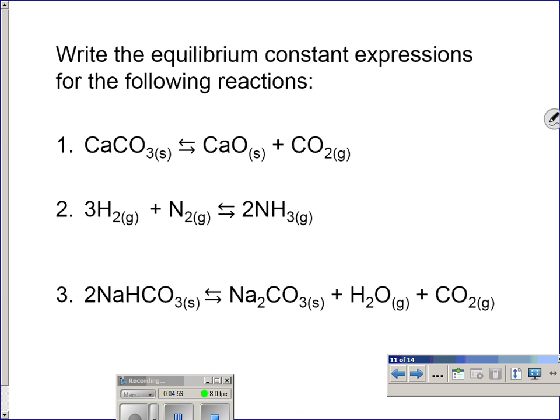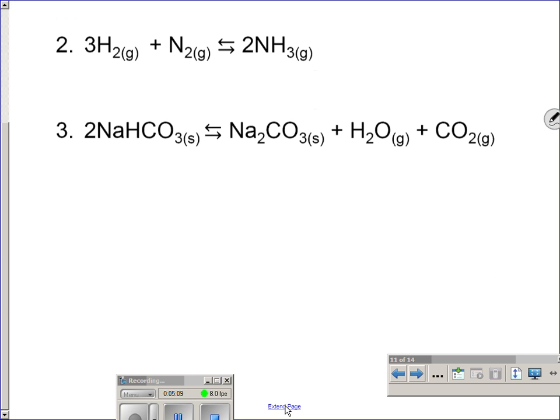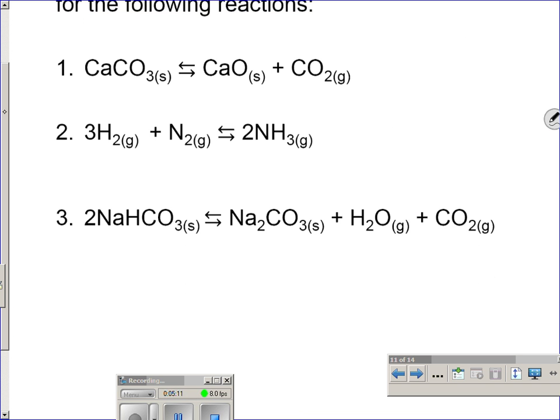So if we look at these reactions here, we can write the equilibrium constant expressions. This is the decomposition of calcium carbonate, and we know that metal carbonates decompose into metal oxides and carbon dioxide gas. The calcium carbonate is solid, and so is the calcium oxide.